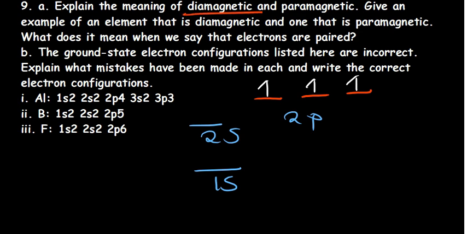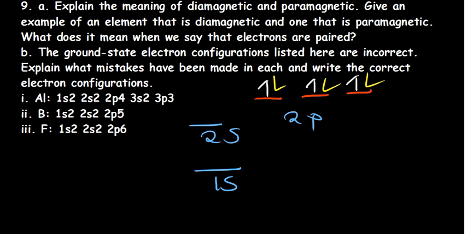And then diamagnetic focuses on a case where they are paired. When electrons are fully paired, that is said to be diamagnetic. And of course, there's a weak attraction for paramagnetic, and for diamagnetic there's no attraction at all that can actually be observed.